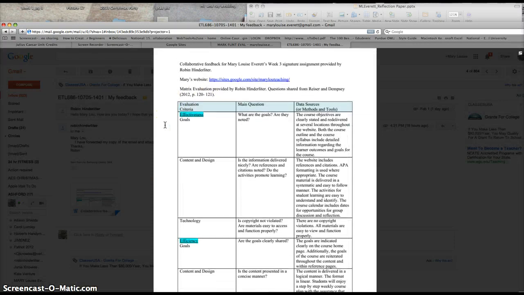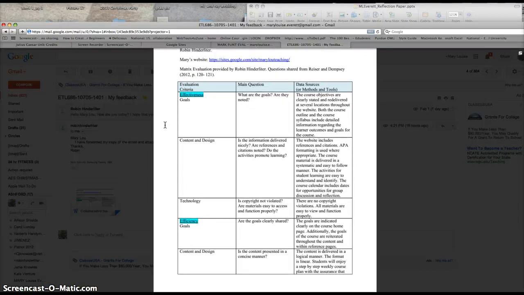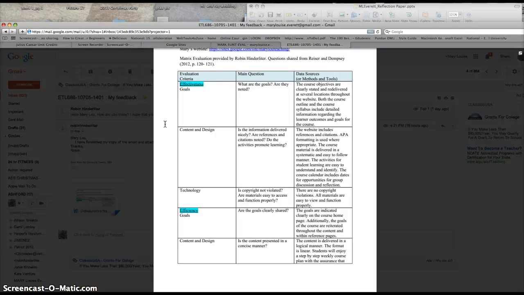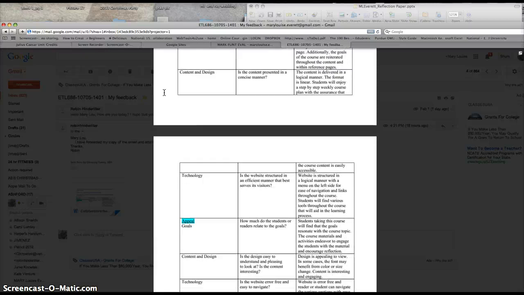This was my evaluation for the web-based instruction by Robin. She chose this rubric to use, evaluation criteria of effectiveness for goals, content and design technology, efficiency for the same, and the appeal.